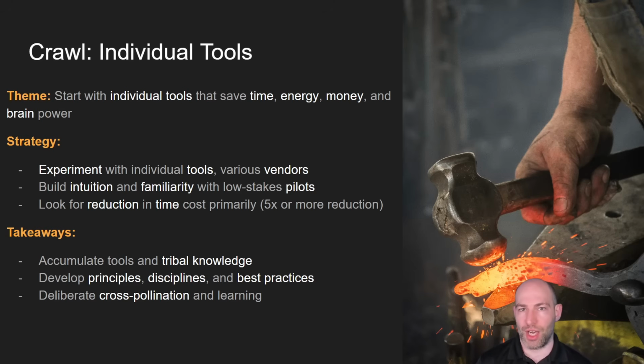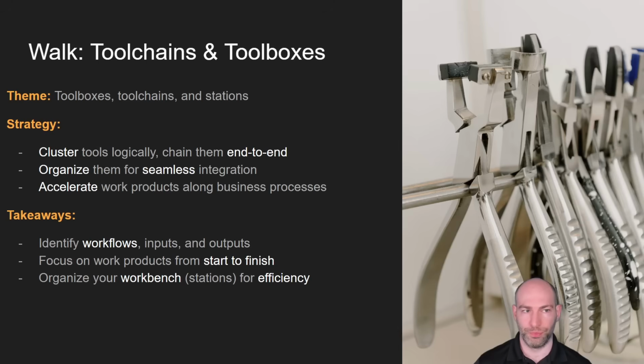You need to make those channels so that people share these tools. Otherwise, you're going to end up with one department that's way out ahead and other departments getting left behind. You're going to need to deliberately create knowledge sharing because, again, building up that tribal knowledge and best practices is the name of the game as you're either developing or adopting these individual AI tools.